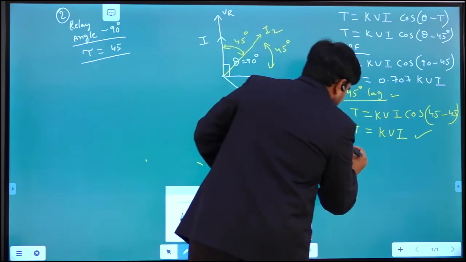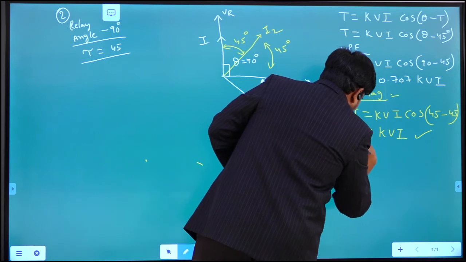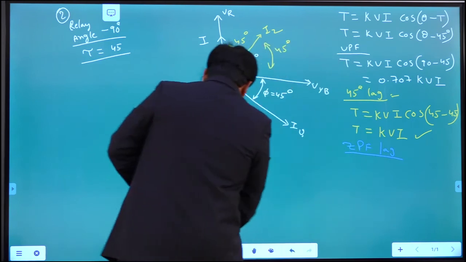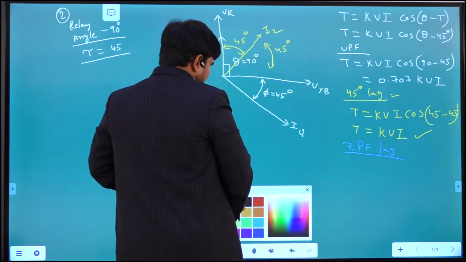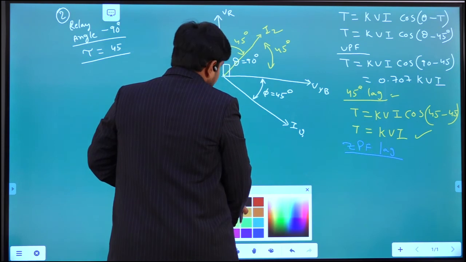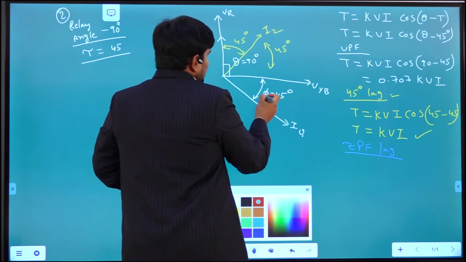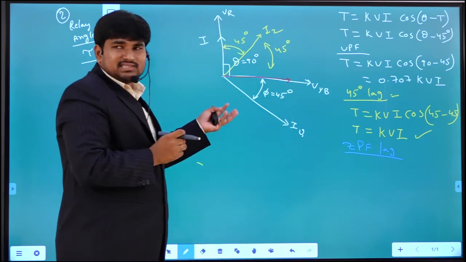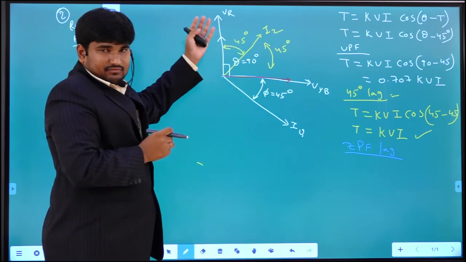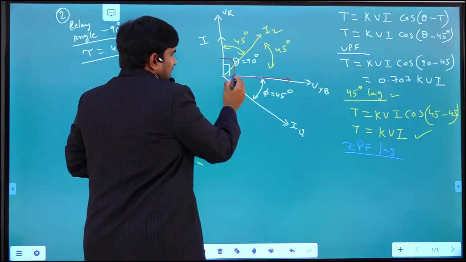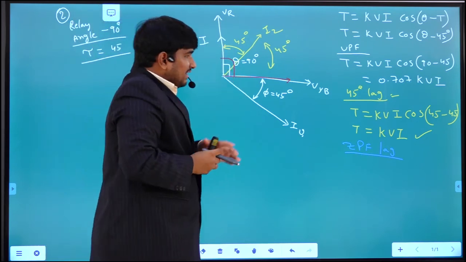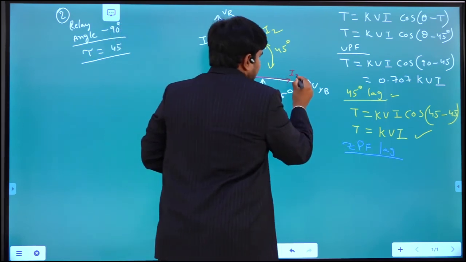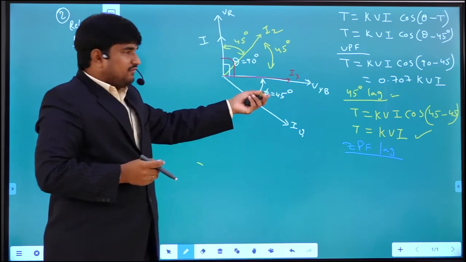Now let us take the third case, zero power factor condition. That means the current in the current coil is 90 degrees to this phase value. Then what is the angle between VYB and I3?